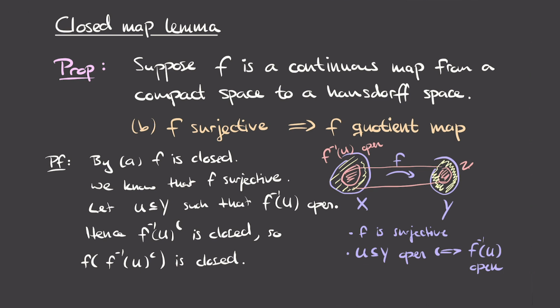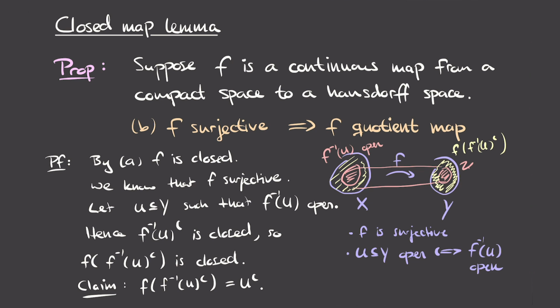So I'm drawing here schematically the image f of the complement of f inverse of U. My claim is basically that this image set is equal to U complement. I'll just explain why this is the case in words.